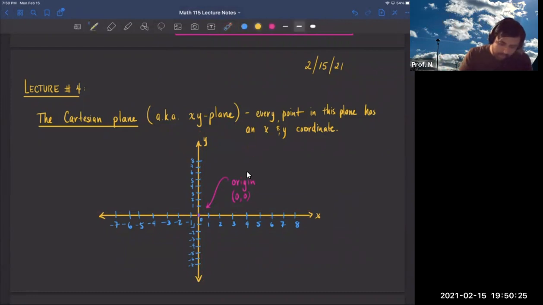So this is quadrant 1, and then so on and so forth as we move in the counterclockwise direction. We're going to call this quadrant 2. This is quadrant 3. And this is quadrant 4.